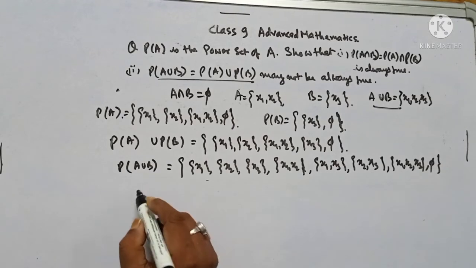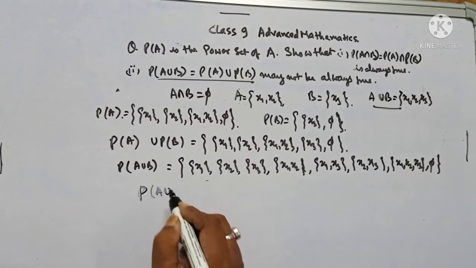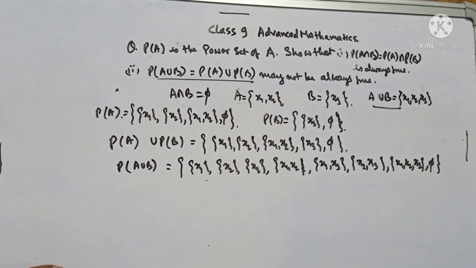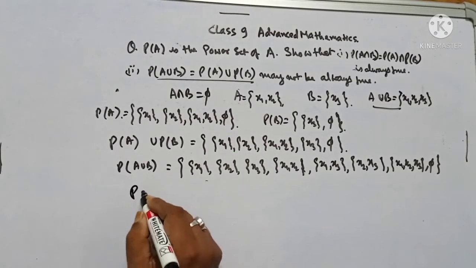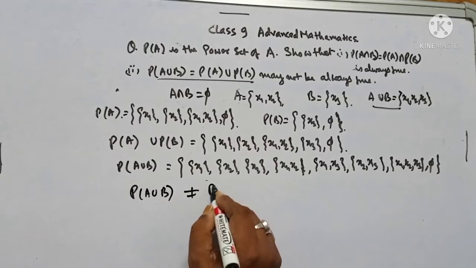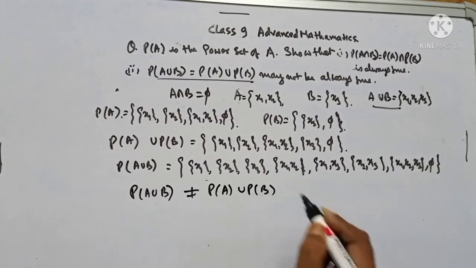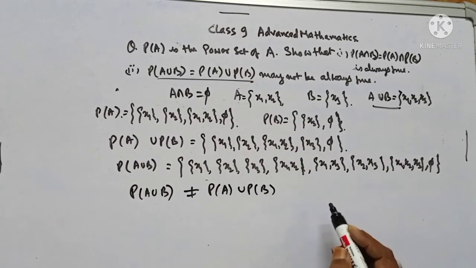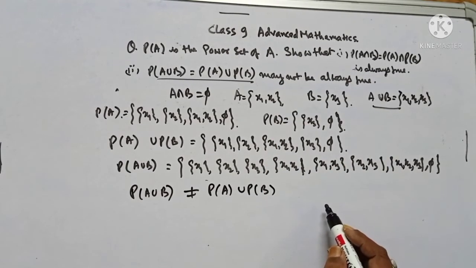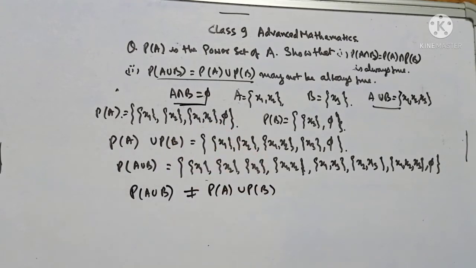So here we find that P(A ∪ B) is not equal to P(A) ∪ P(B). So from this we conclude that it may not be always true. If these are disjoint sets, then it is not true.